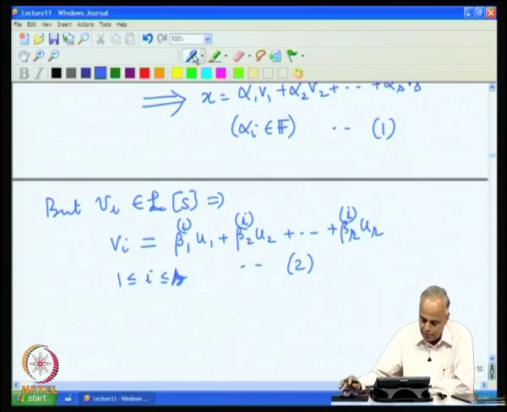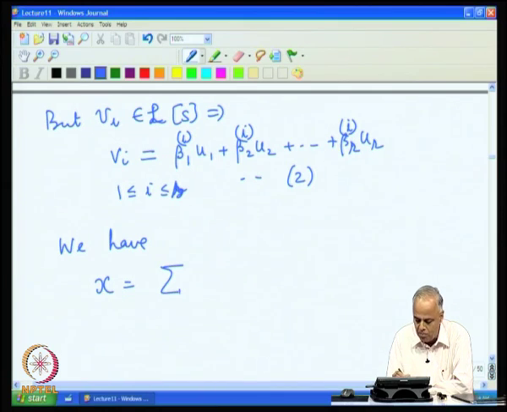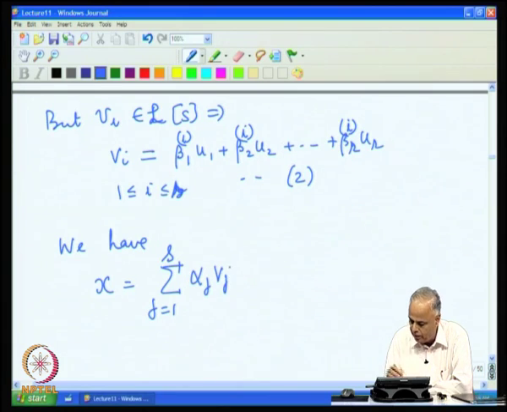So, let us do this in a slightly shorter notation. We have x equal to the sum, with summation index j equal to 1 to, I am sorry, this is now s, because now we are in the S1 set. So, we have alpha j Vj.